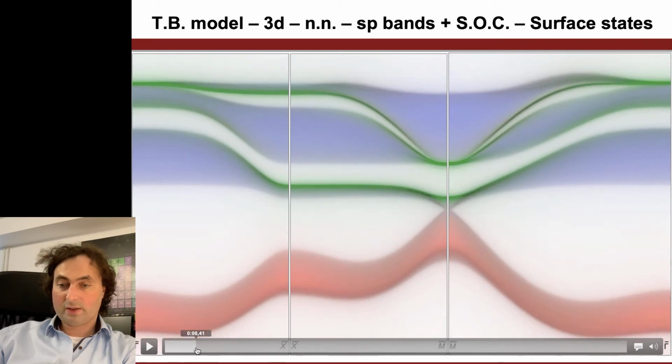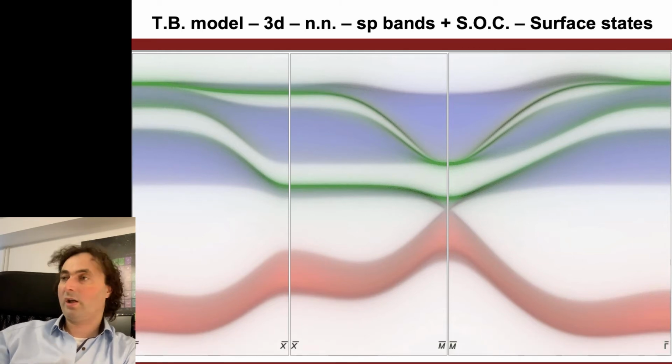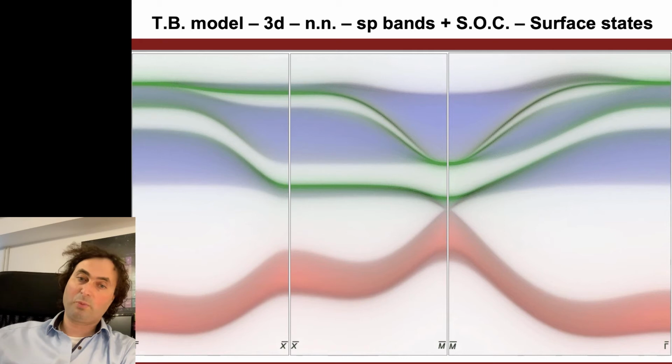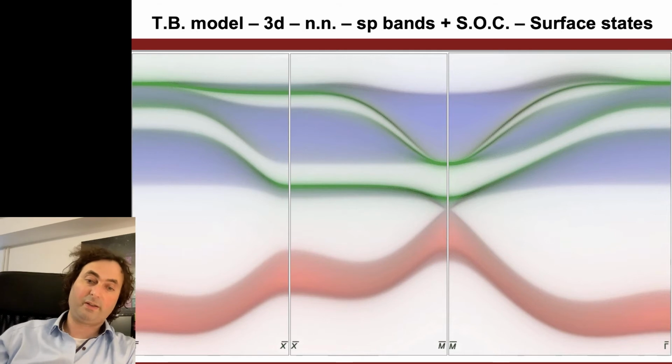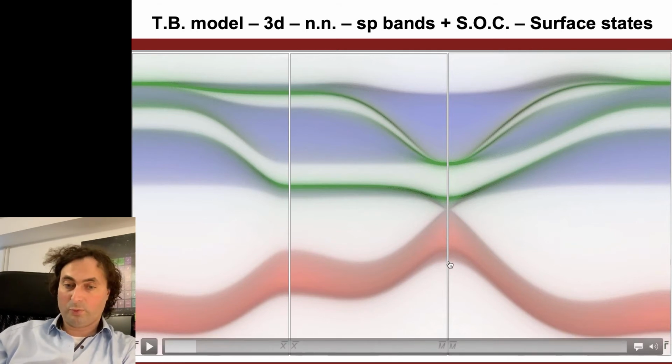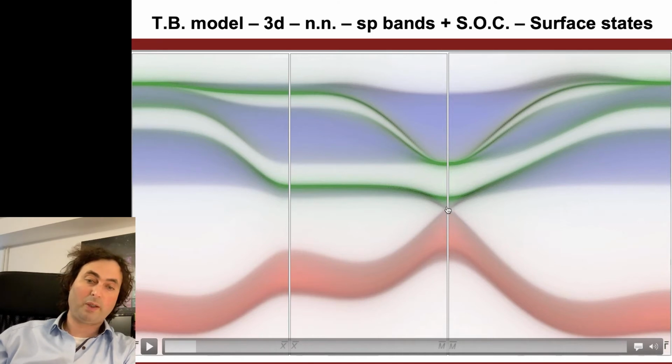So as we increase, at some point at M bar your bands start to cross or touch. Well, actually that is at the R point in the Brillouin zone for the bulk bands, but if you project that onto the surface, then the bottom of this red band is kz is 0, the top is kz is pi, and here you have this touching.